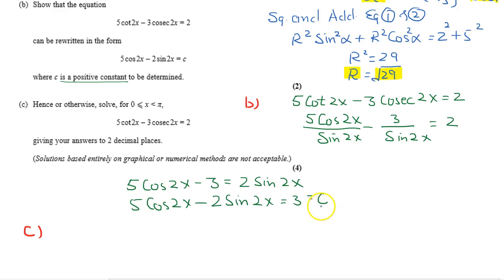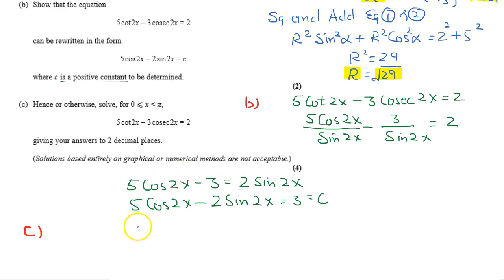C can be any positive value, so instead of 3 we can write 2, so it has now become 3. So now we have to simplify this. Now we are going to use the first equation here.